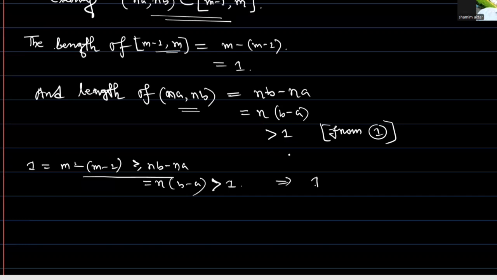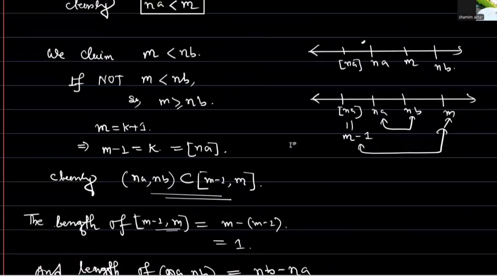So here 1 is greater than 1, which is a contradiction. So our claim is right.